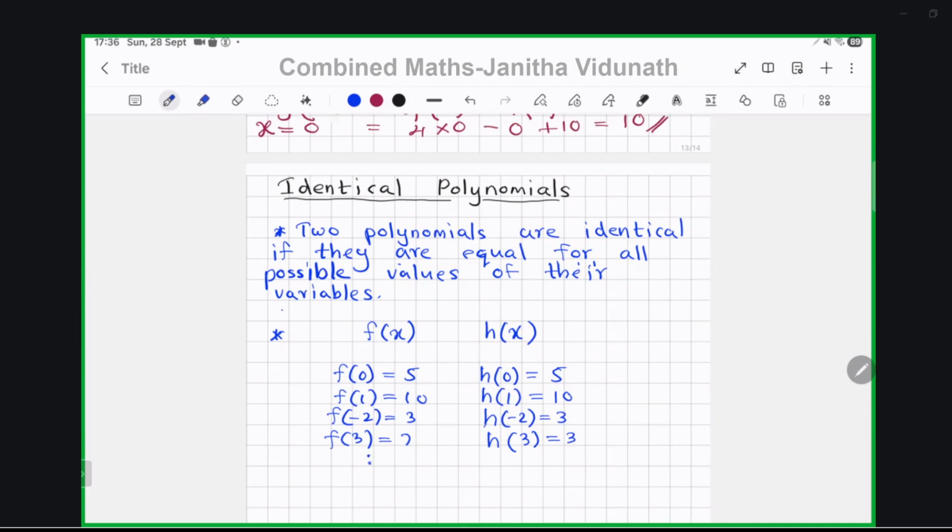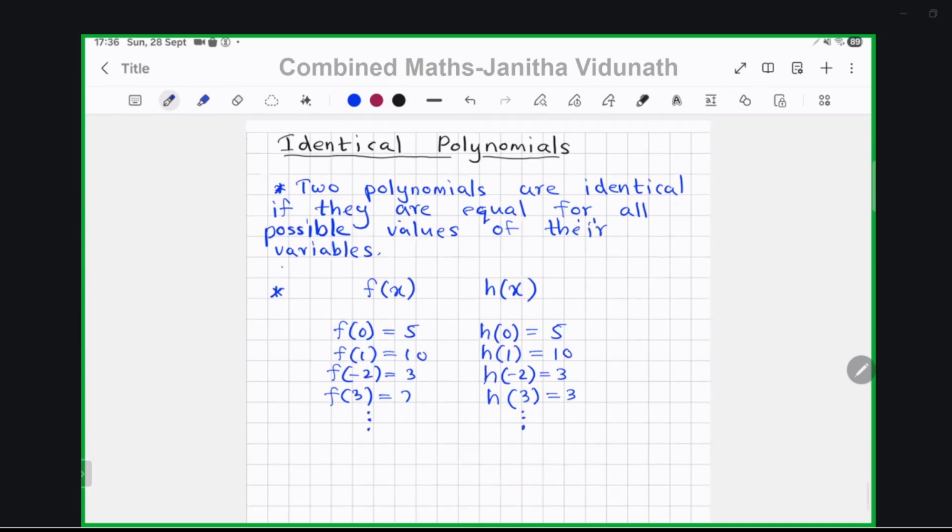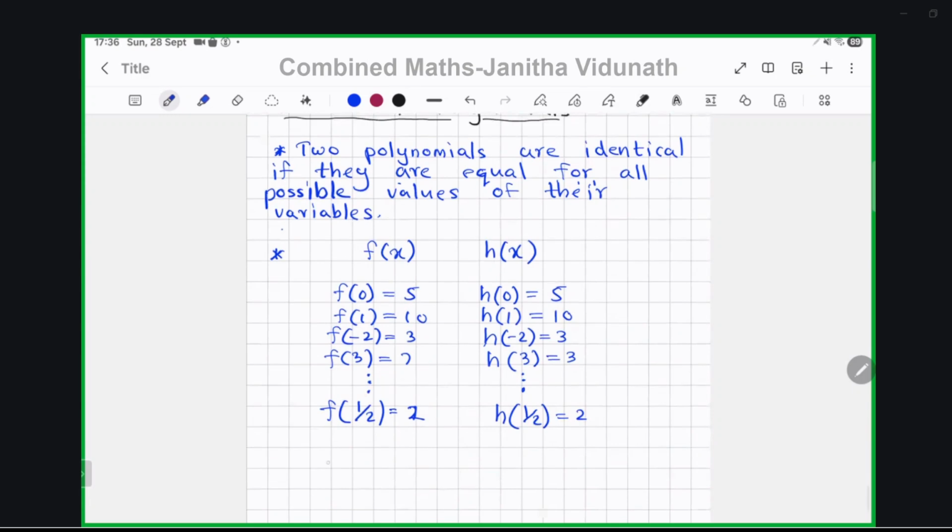Likewise, this needs to be true for any number. That means it's not only integers, any number. If f(1/2) is equal to 7, then h(1/2) also needs to equal 7. If f(-3/4) is equal to 5, then h(-3/4) also needs to equal 5.